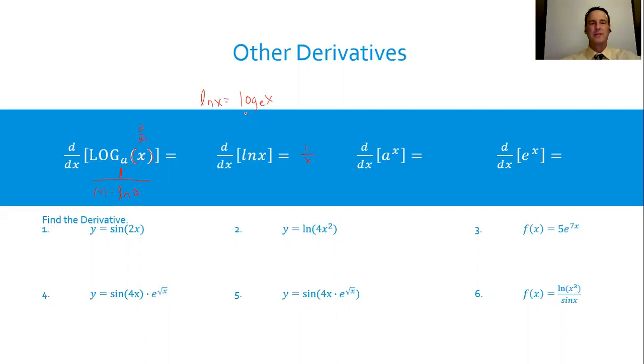So if I'm following the same rules and taking the derivative, this guy comes down, times the natural log of e, okay? And then on top is the derivative of whatever that item in parentheses is, and that is 1.